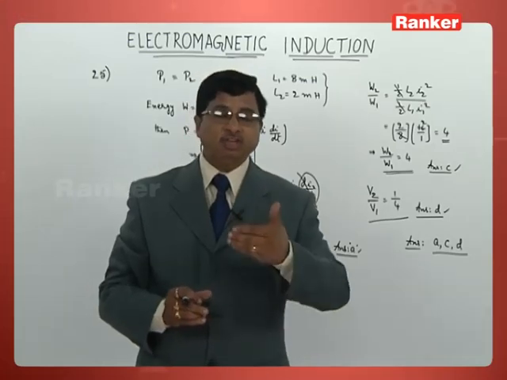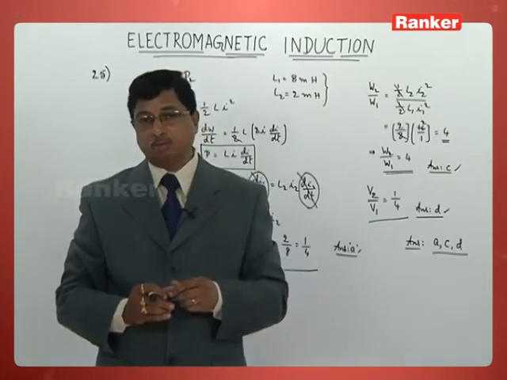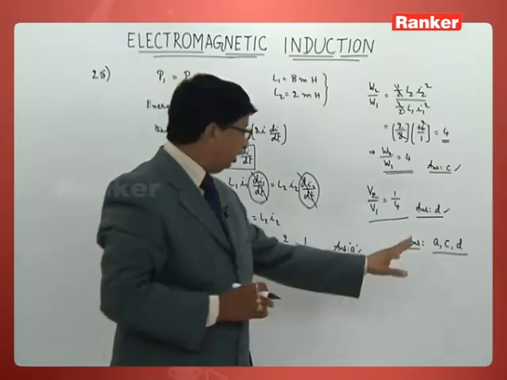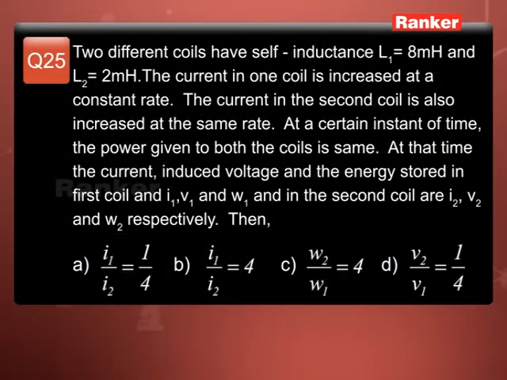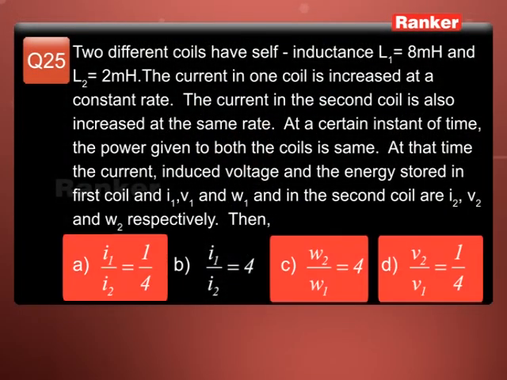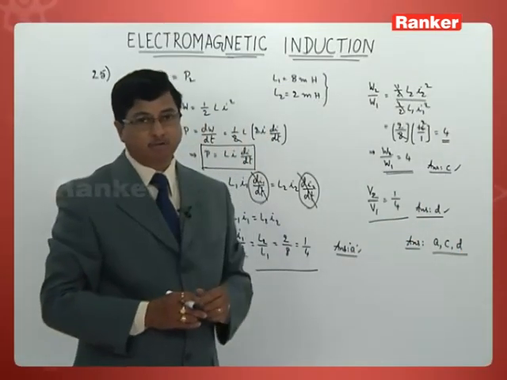So this is the very first problem, in this order that's the 25th problem, that has got 3 correct answers out of the options given. A is correct, C is correct, and D also is going to be correct in this case. So this is the ultimate answer for this problem 25.